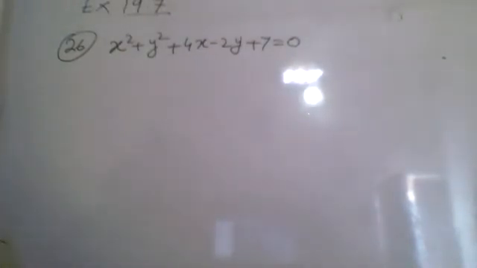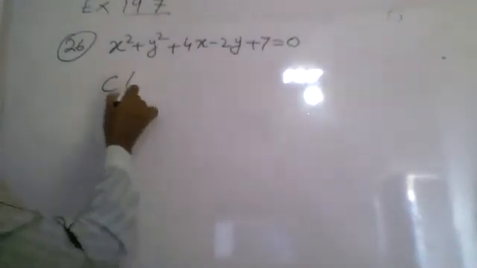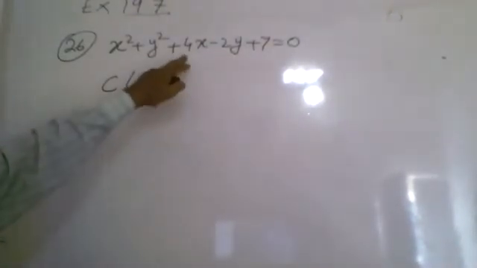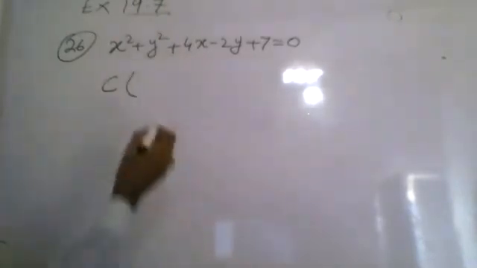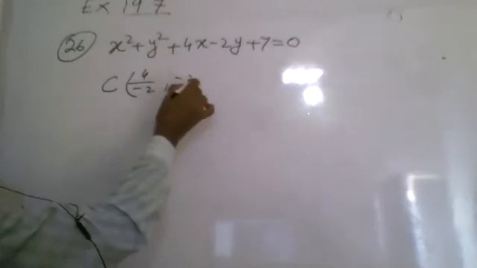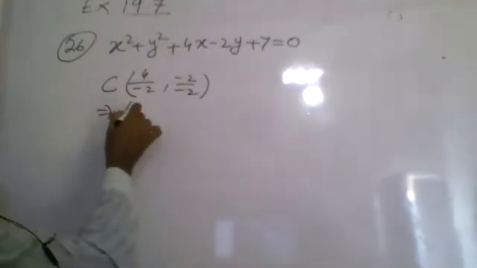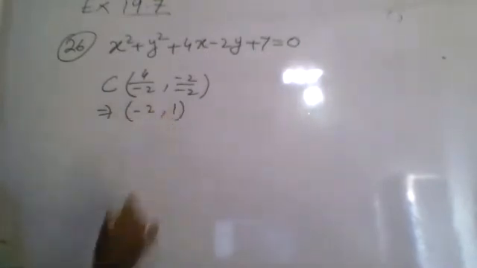So these two steps are to be taken so that it becomes standard form. Okay, this is already in standard form. First of all, we'll find the coordinates of the center. The coefficient of x is 4 divided by minus 2, coefficient of y is minus 2 divided by minus 2. It will become minus 2 and 1.